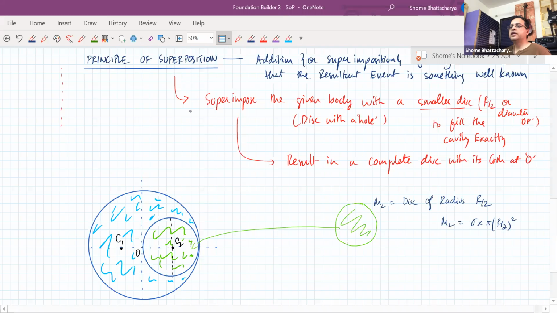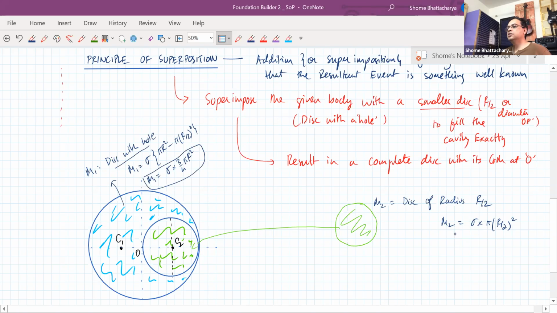Whereas M1, which I had originally over here, M1 is the disk with the hole. So the disk with the hole will have a mass of that same sigma, but into the area of the whole disk minus the area of the hole. So it will be sigma into 3/4 pi r squared. So this is M1 and this is M2.